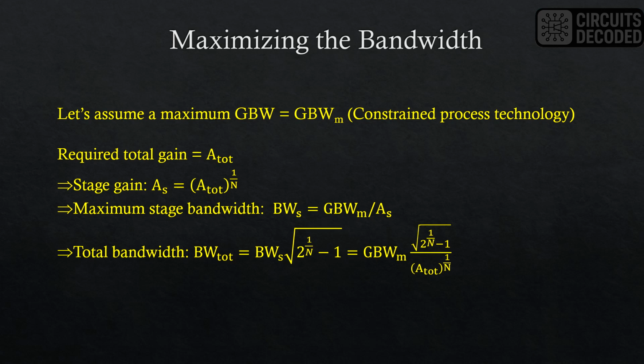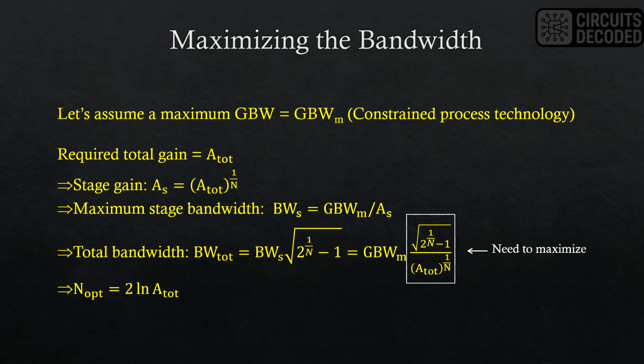In this expression, GBWm is fixed for a design and technology process, but the second term is a function of n and is subject to optimization, meaning that there is a particular value of n where the term attains the maximum value. Now we'll not go into the maths, but from basic optimization theory, we can simply take the derivative of this expression with respect to n and equate it to 0. And then we can get the optimum value of n, which is shown here.